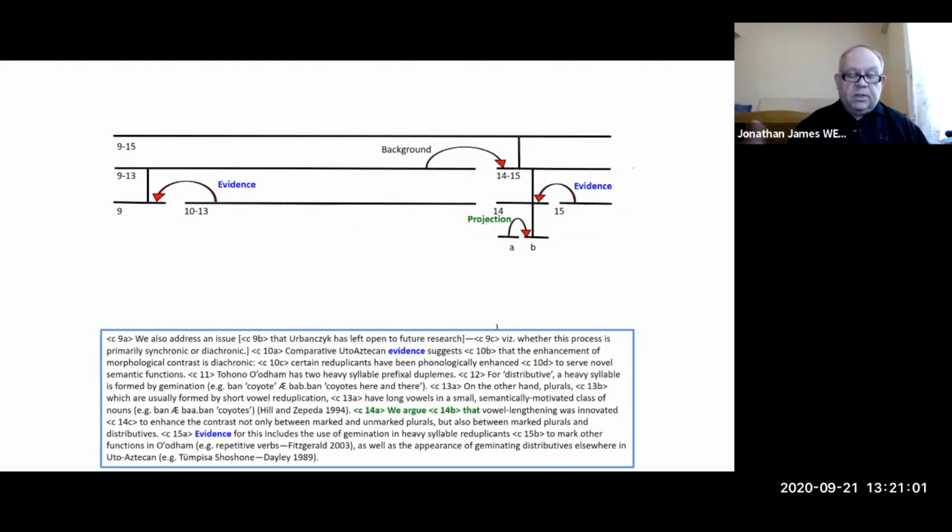Now, sometimes what the writer says is just straightforward, the evidence. On that basis, looking at it, they're simply offering evidence for the conclusions they're drawing. We argue that, well, that's in 14, that's straightforward, that's projection.